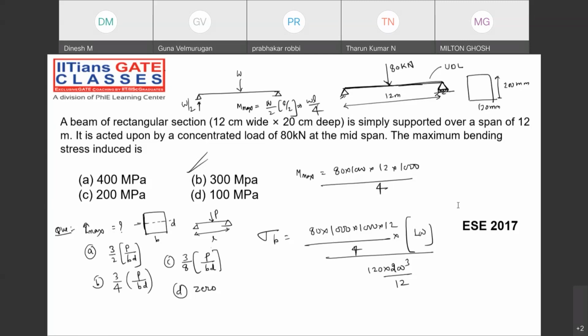Only 2% giving me the answer as of now. Just one is Ghosh and another is Prabhakar. The remaining guys, please try to answer. If not, let me know.